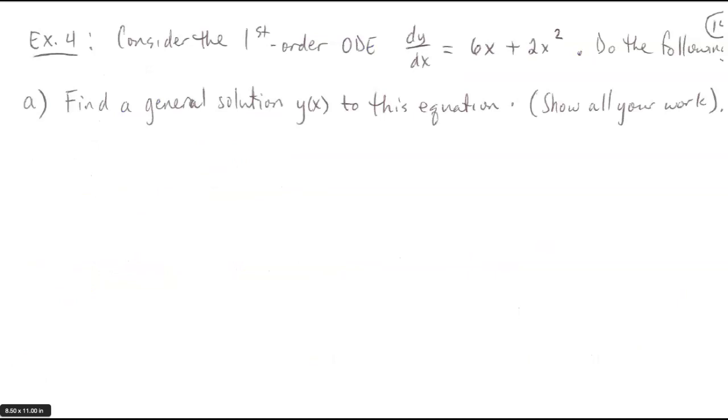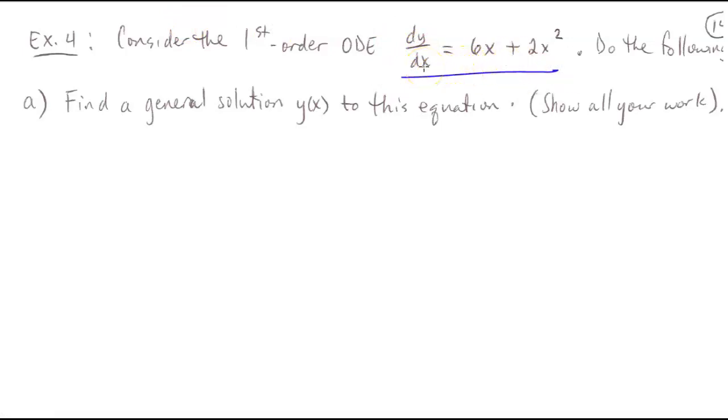So now we're going to close out with two other examples that were very similar to our example number 2, where what we wanted to do is find either a general solution or a specific or particular solution to a given differential equation. So what we want to do here is consider this differential equation that we're given.